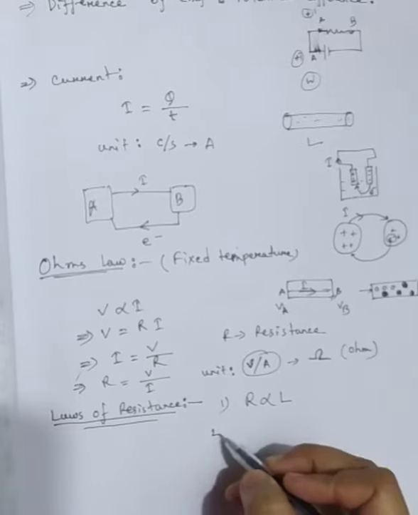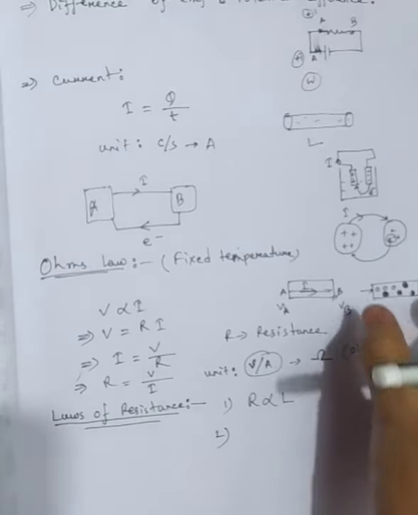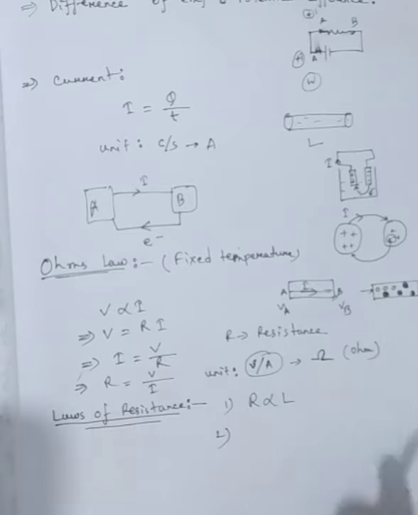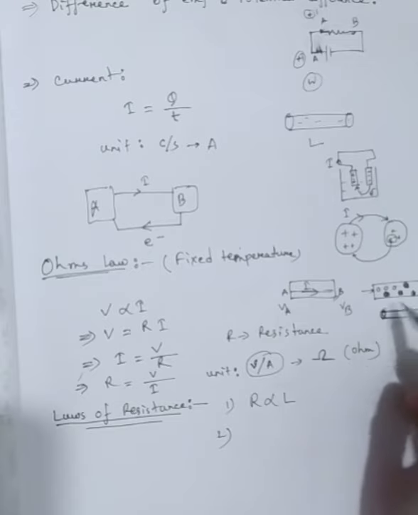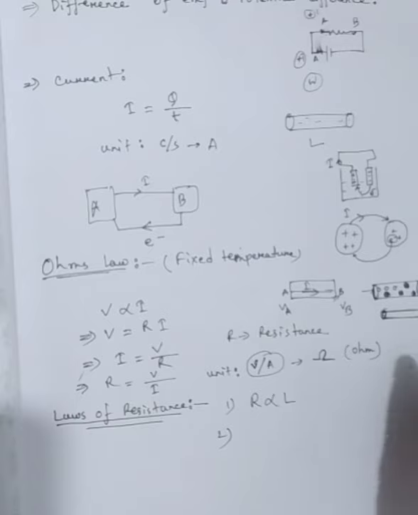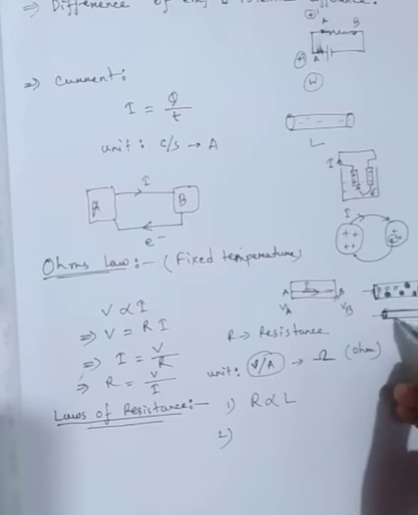Second point over here is the cross-sectional area. As this is a conductor, this has a cross-sectional area, and if an object of thin cross-sectional area, if we consider over here, and an object of thick or larger cross-sectional area, if we consider in case of thin cross sectional area, যেখানে cross sectional area খুবই ছোট, সেখানে atoms গুলো অনেক closely থাকে, and the atoms are aligned in a close position.